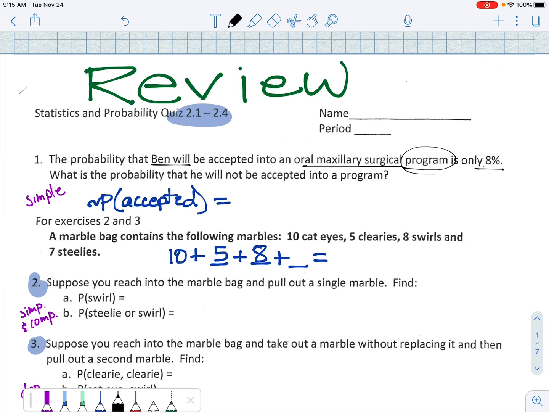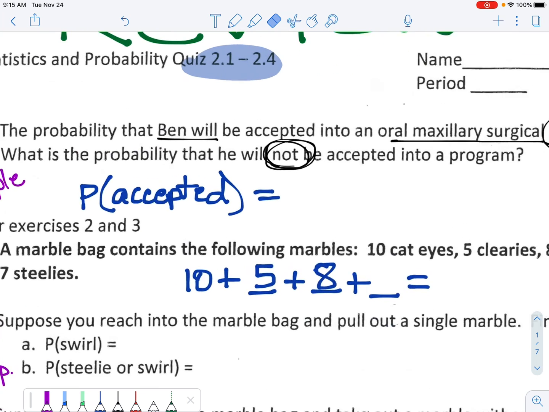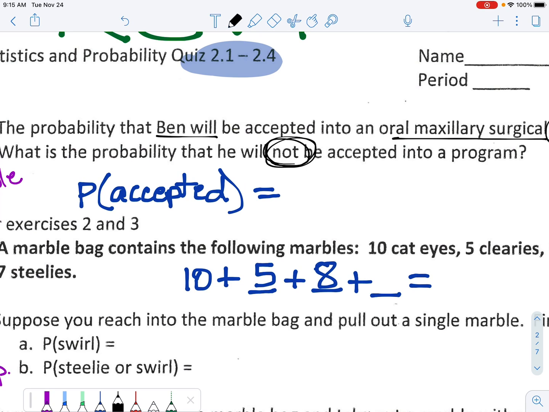So what is the probability that he will, keyword, not be accepted? So we put the little not symbol in front there, and then again we have to do 1 minus 8%. Remember 8% is 0.08, so my answer is 0.92, aka 92%.